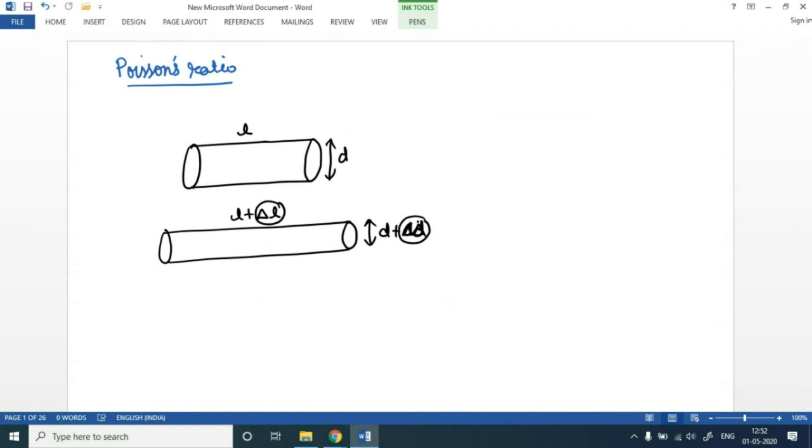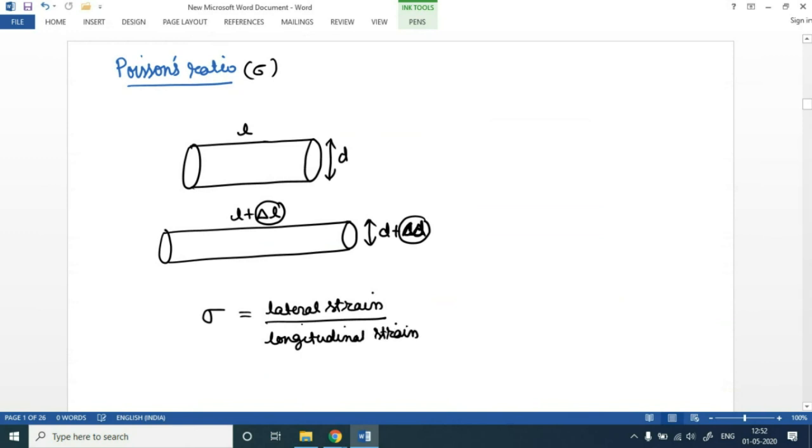So here we define something called Poisson's ratio, and its symbol I will be giving as σ. It is defined as lateral strain upon longitudinal strain.